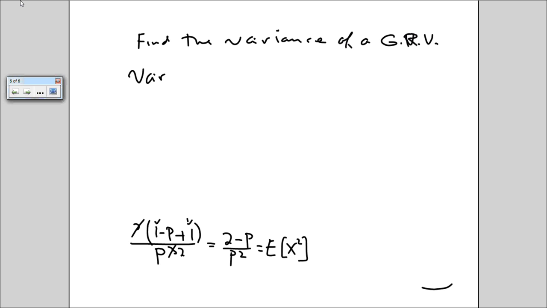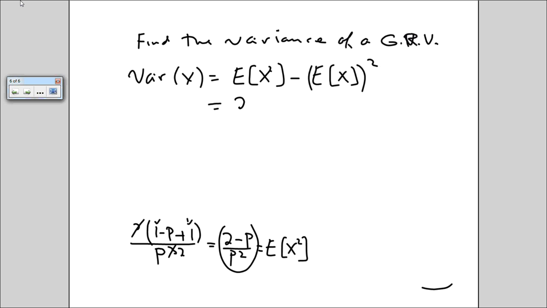The variance of X, by definition, is the expected value of X squared minus the expected value of X, all squared. Well, we just found E of X squared. It's 2 minus p over p squared, minus E of X, which is 1 over p, and we square it.